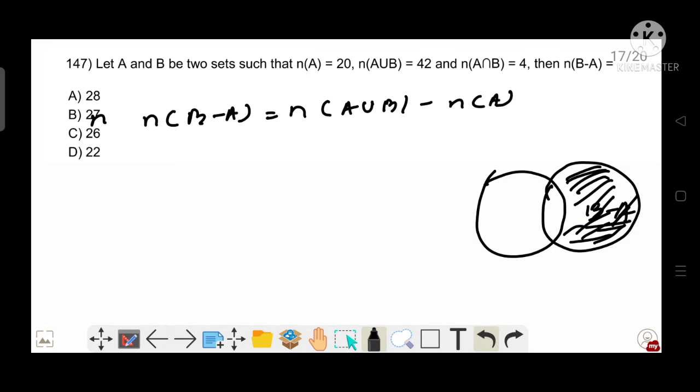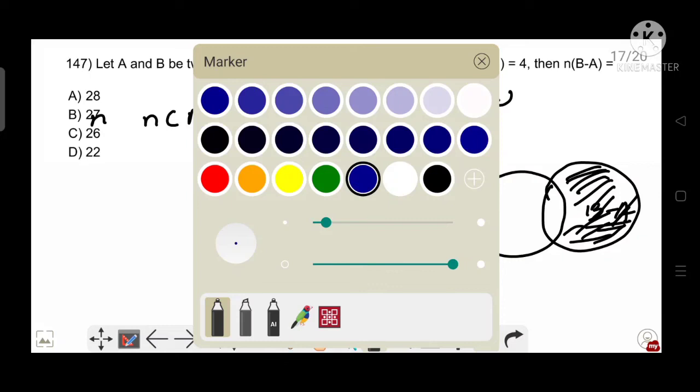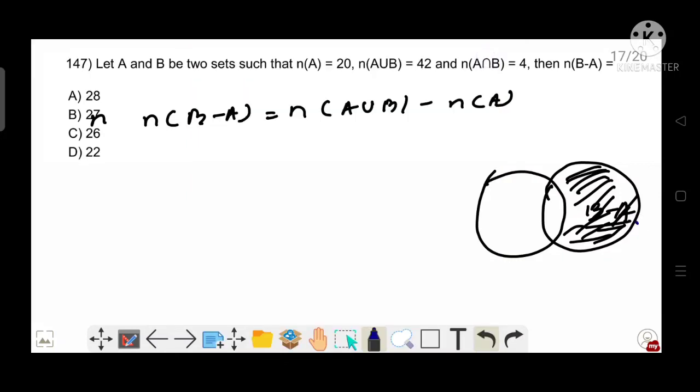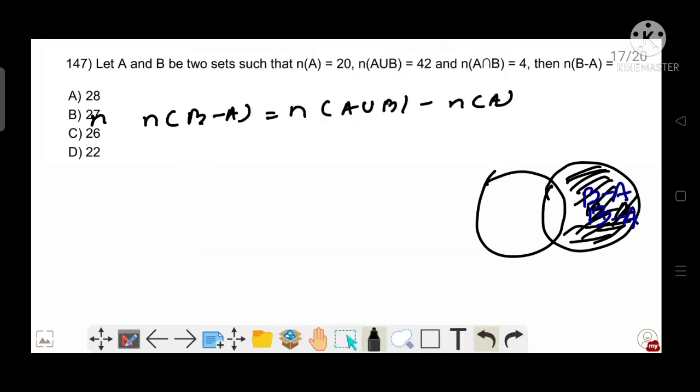B difference A. Change the color. This will be B difference A. Okay, so look at this picture.